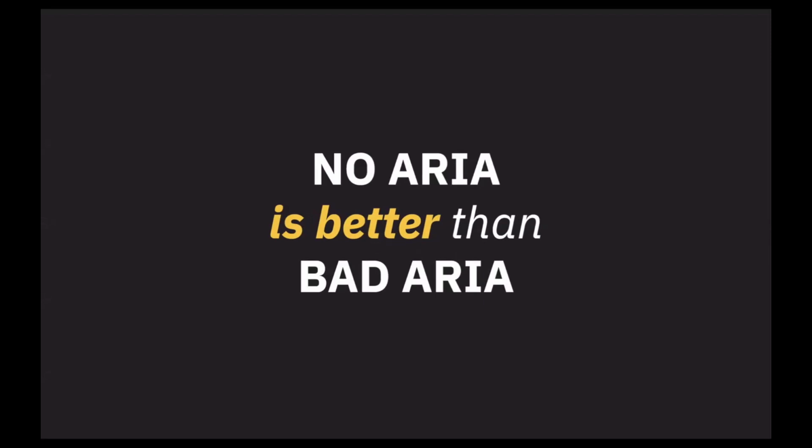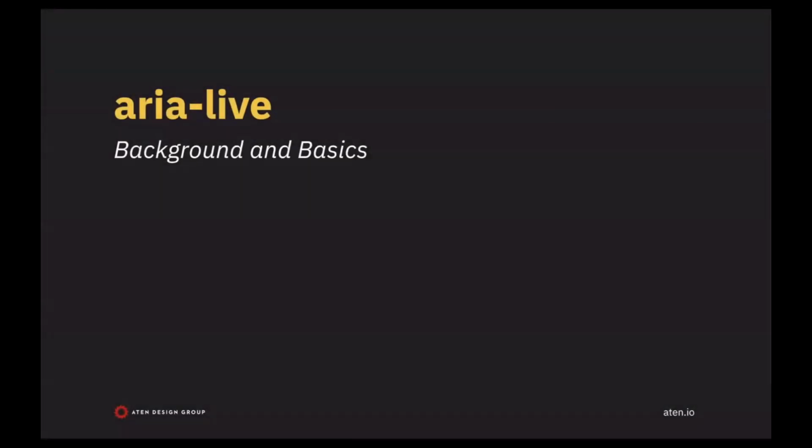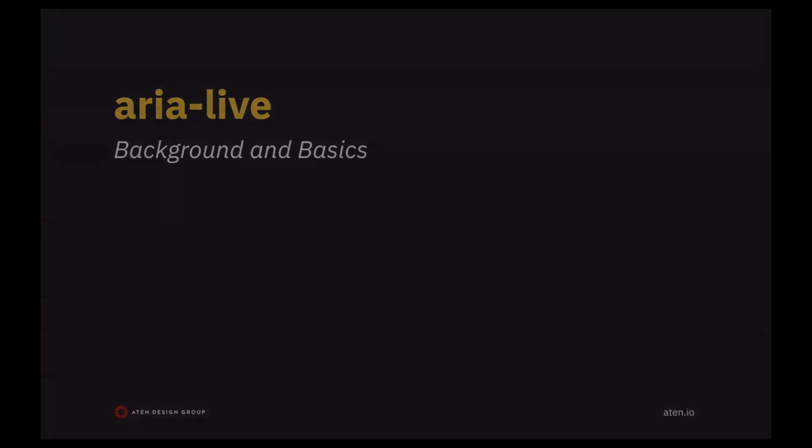But you need to remember that it's better to work without the extra context from ARIA than it is to be completely unusable, where someone may not be able to focus on an element, they can't interact with an element, they can't check that checkbox, they can't submit that form, navigate a semantic hierarchy, and so on. So now that I got that out of my system, let's jump into some of the basics of ARIA-live.